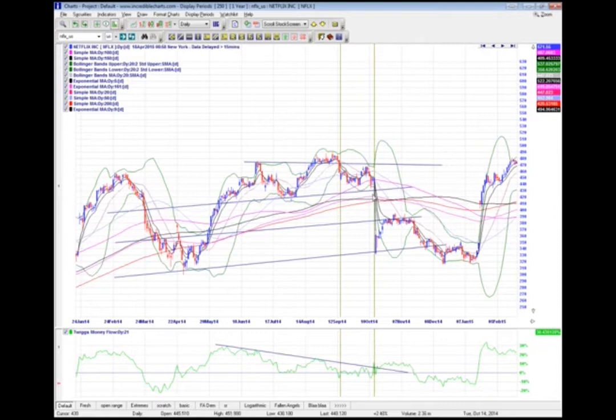And as it did, right there, you'll be able to see the money flow had diverged significantly to the downside. So as price made new highs and went up, you can see that the money flow made lower highs and lower lows.